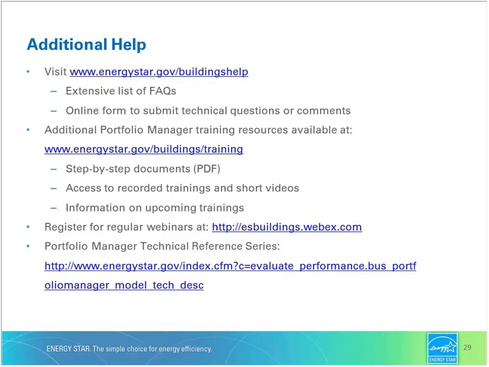You can also from that page access an online forum to submit any technical questions or comments you might have. So generally, if you have a question, our recommendation is first go and see if it's already been addressed in an FAQ, because we've got tons of them. You can search them by keyword. So in many cases, somebody's already had that same question and it's been documented. So that'll be a quick way to get the information you're looking for.